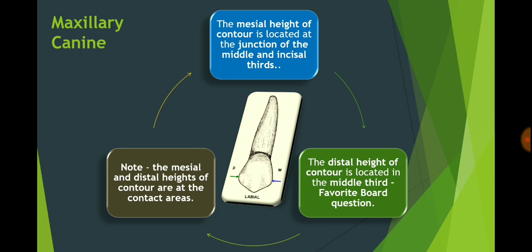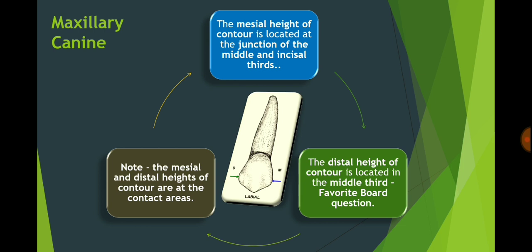Where is the mesial height of contour of tooth number 10? At the junction of incisor and middle third. Where is the mesial height of contour of tooth number 6? It's going to be at the junction of incisor and middle third.